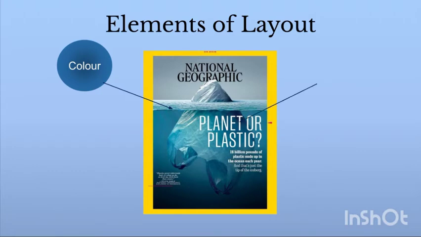The next element is known as text. As we talk of a layout, it is a combination of both the text and the images. So both aspects must be kept in mind by the designer. So a text has several attributes. It can be bold, it can be italic, it can be underlined, and there are hundreds of fonts to choose from.